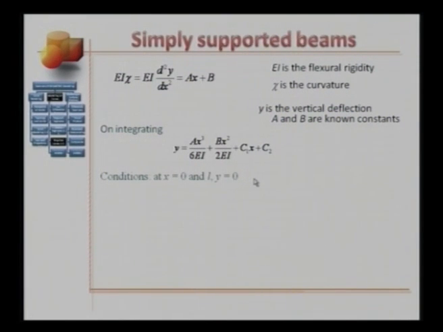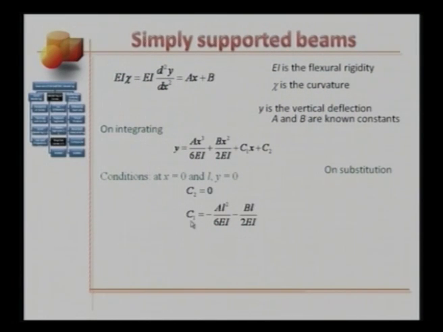Why? Because we are considering a simply supported beam. If we put x equals 0 here, and we know that y equals 0, this would mean C2 equals 0. And for x equals L, we can substitute y equals 0, x equals L, and find what C1 is. So C1 will be minus A L squared over 6EI minus B L over 2EI.